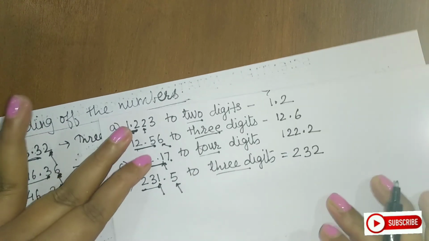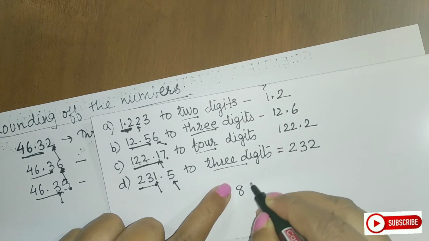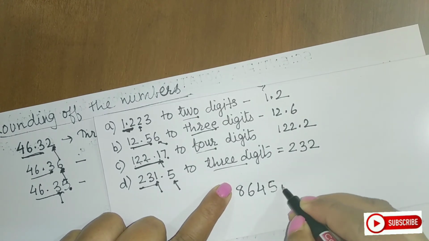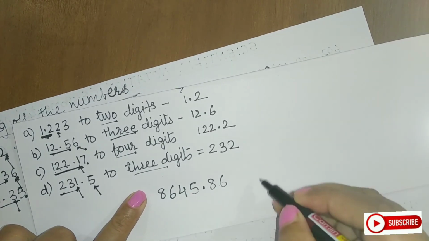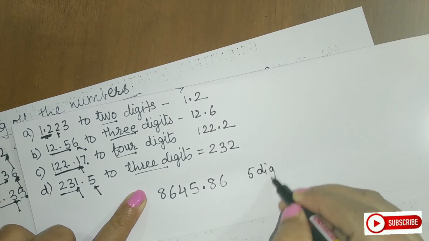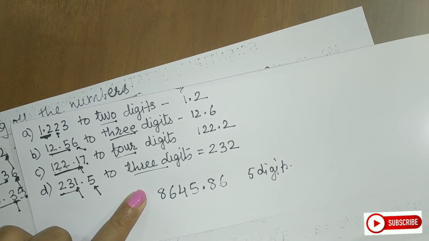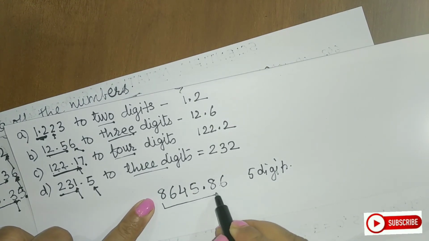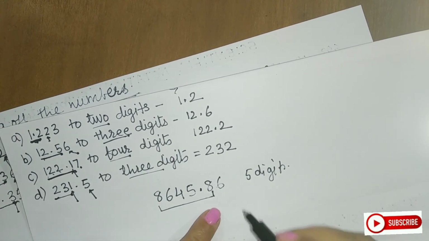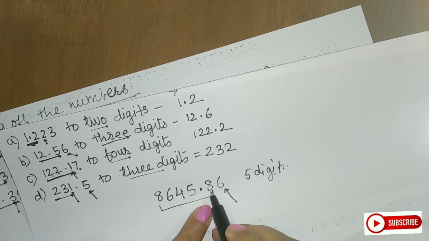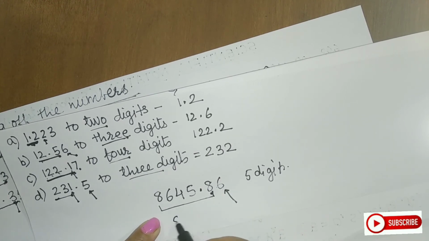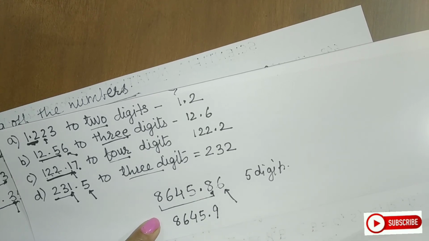Now students, see this number 8645.86. Now I want the answer in 5 digits, up to 5 digits. Means up to what I want? I want the answer up to this. So I will check this number. As you can see, it is more than 5. Therefore, this digit will increase by 1. So what will be your answer, student? 8645.9.